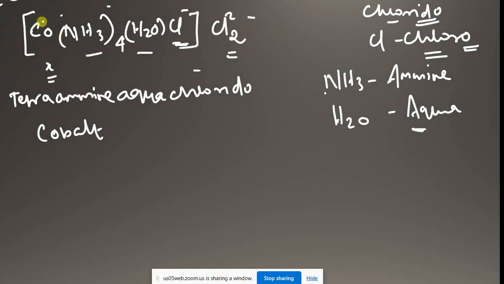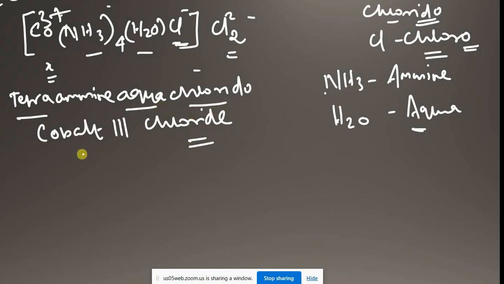So it should be 3 plus. So cobalt 3 chloride. So the name is tetraamine aqua chlorido or chloro cobalt 3 chloride.